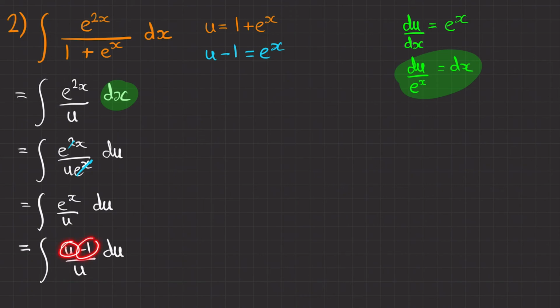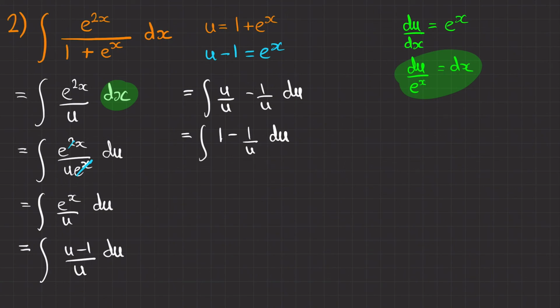I'm going to split these two terms up again into individual fractions, so we'll have the integral of u over u minus 1 over u with respect to u, which simplifies nicely to 1 minus 1 over u with respect to u.